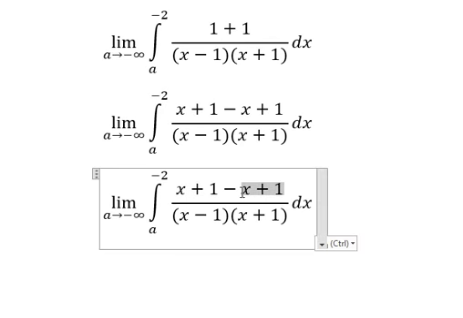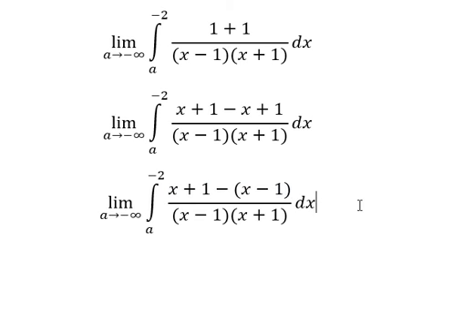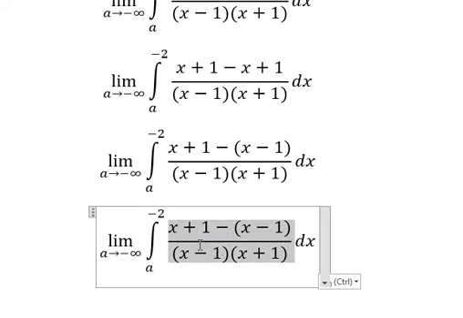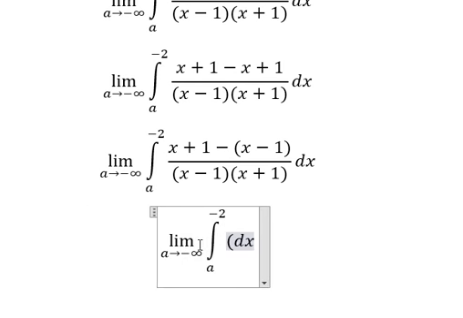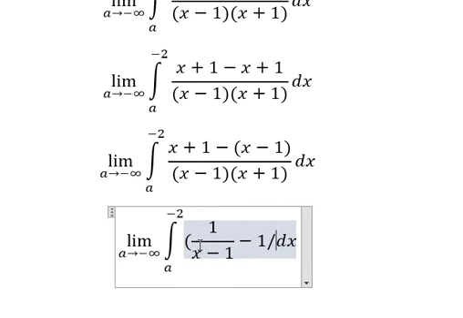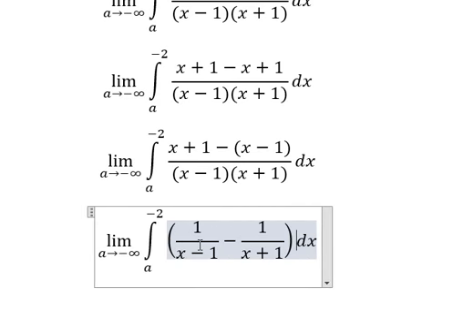This one, I can put into s minus 1. So s plus 1 divided by s plus 1, s minus 1 divided by s minus 1. So we will have about 1 over s minus 1 minus 1 over s plus 1.